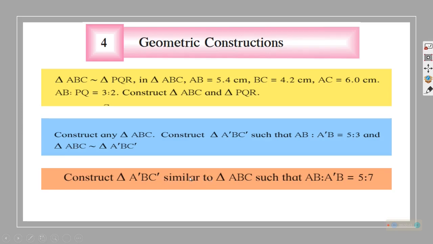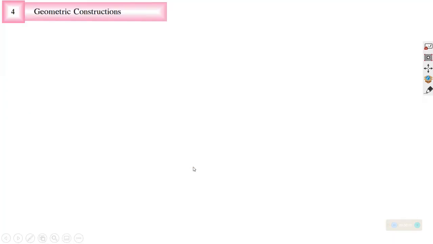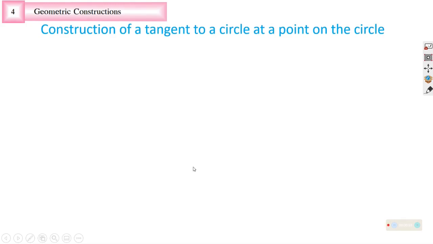We are going further about geometric constructions, in which the next one is construction of a tangent to a circle at a point on the circle. You know what a tangent is by this time, and here a tangent is to be drawn to a circle at a point on the circle.